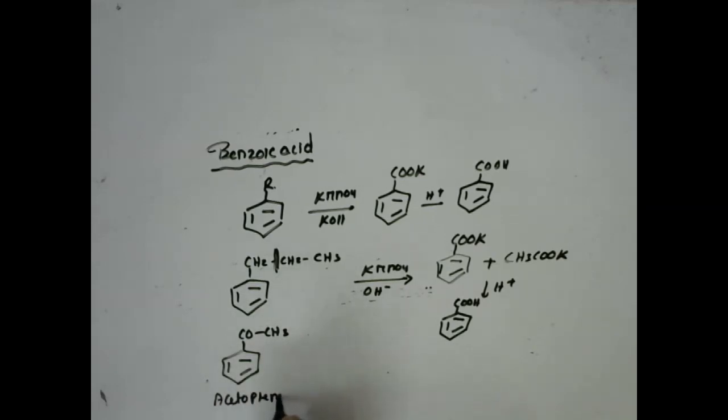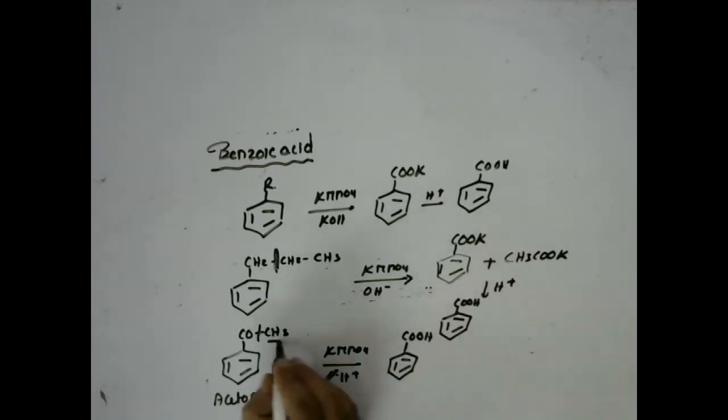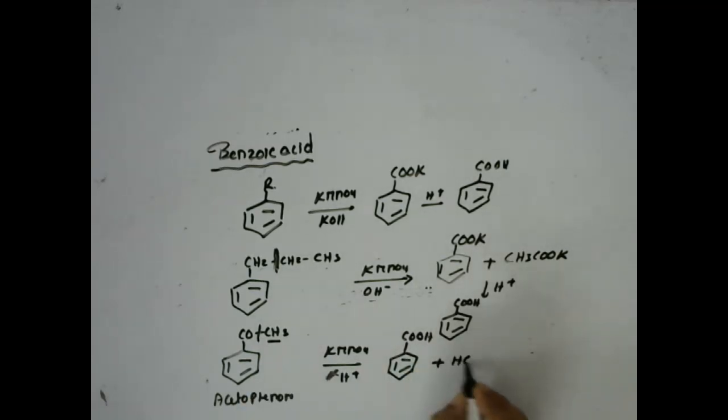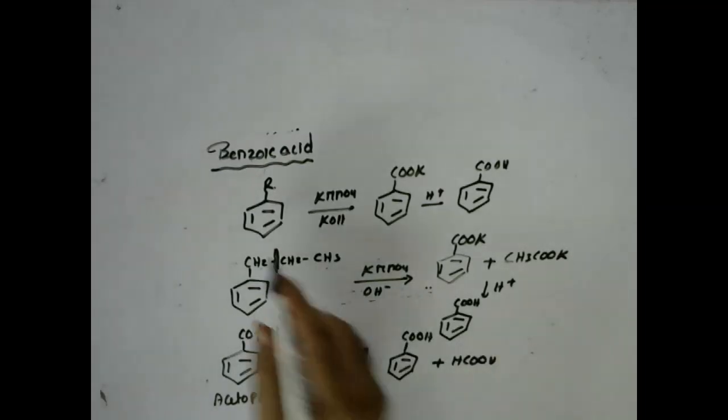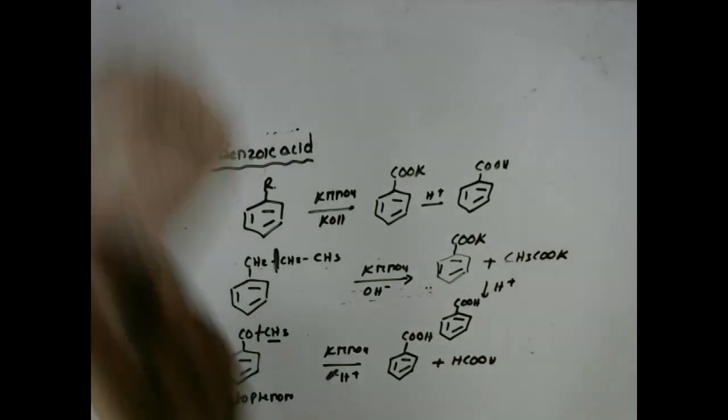If you oxidize it with KMnO4, H plus, or you can use basic medium, not an issue, you're going to get the formation of, this is going to break like this. This will become benzoic acid. The 1 carbon will get oxidized to a 1 carbon acid, that is formic acid. So you can take an aromatic ketone or an alkylated benzene, and you're going to get benzoic acid. Any R group on the benzene ring gets oxidized to benzoic acid.